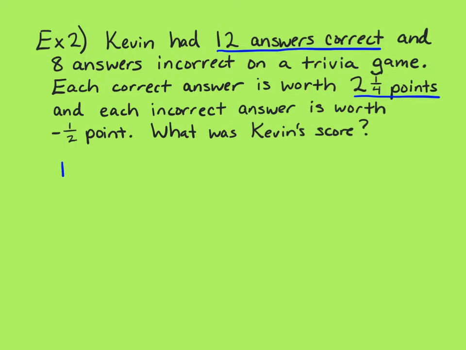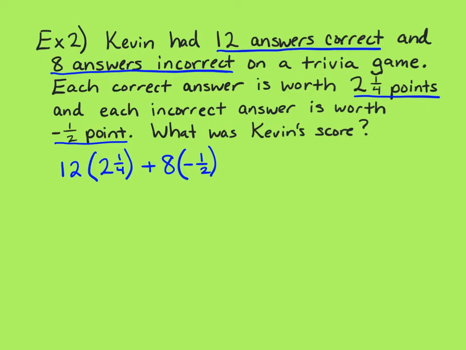So I could start by saying 12 times 2.25. And then he lost points for incorrect answers. He got 8 answers incorrect, and those were worth -0.5 point each. So for 8 incorrect answers, we need to multiply by -1/2. And together that would give his total score.